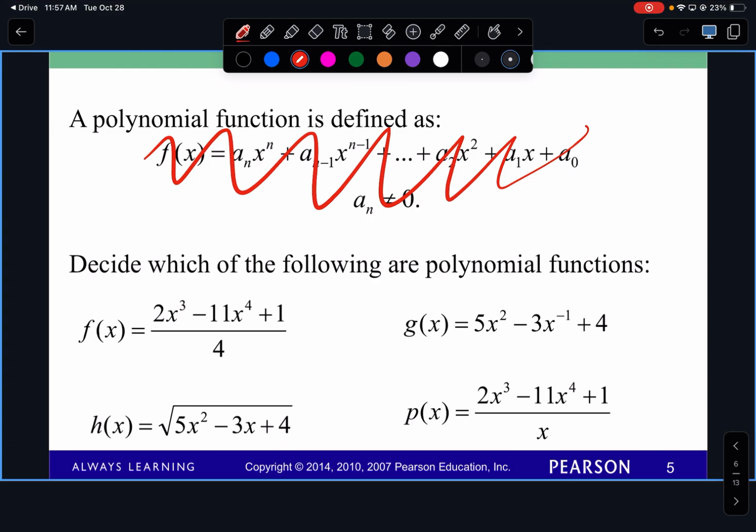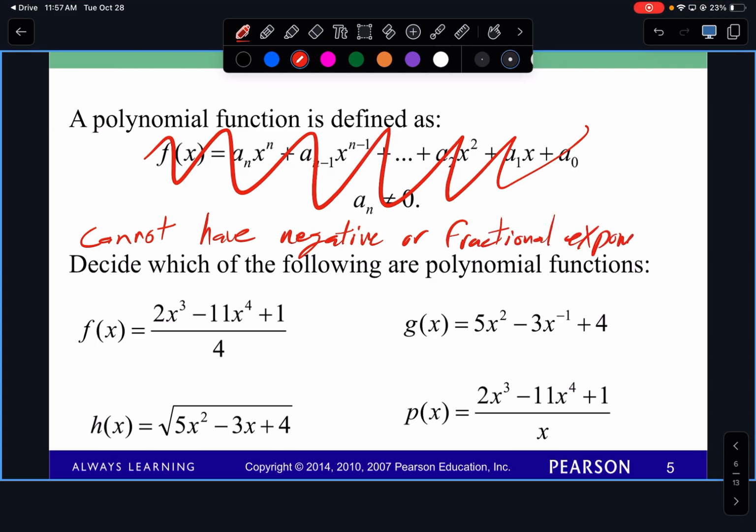A polynomial function cannot have negative exponents or fractional exponents. For it to be a polynomial function, it cannot have negative or fractional exponents.